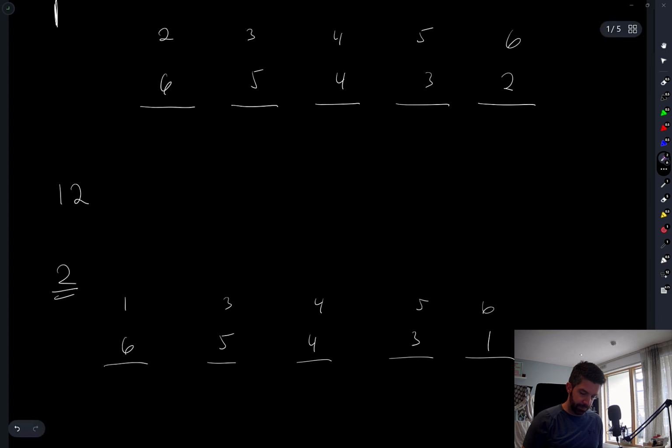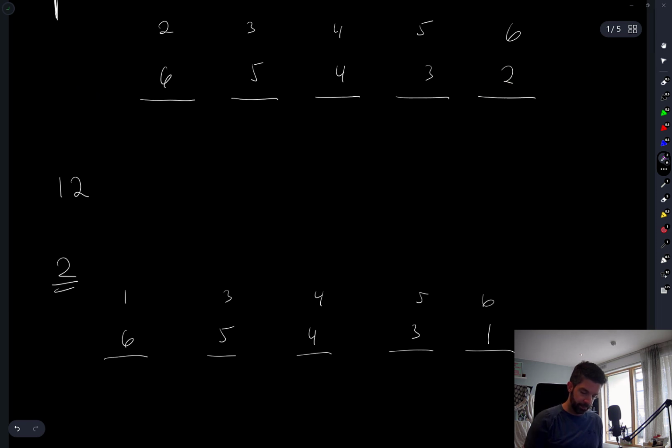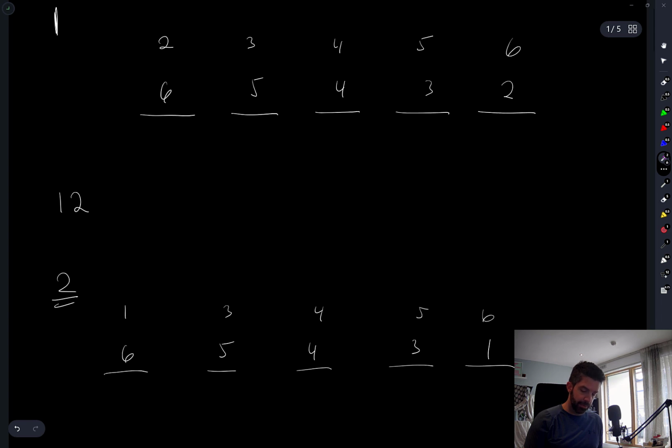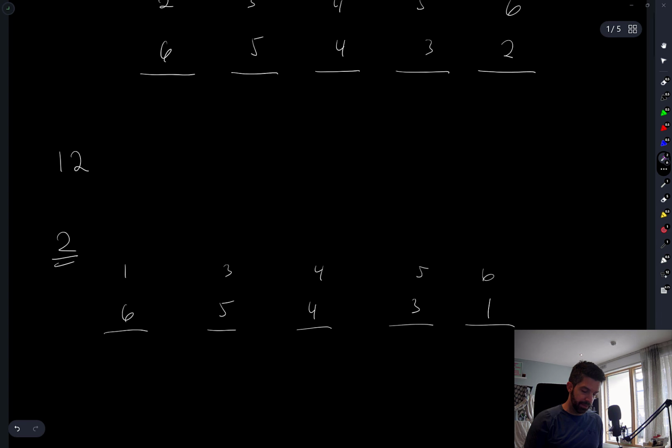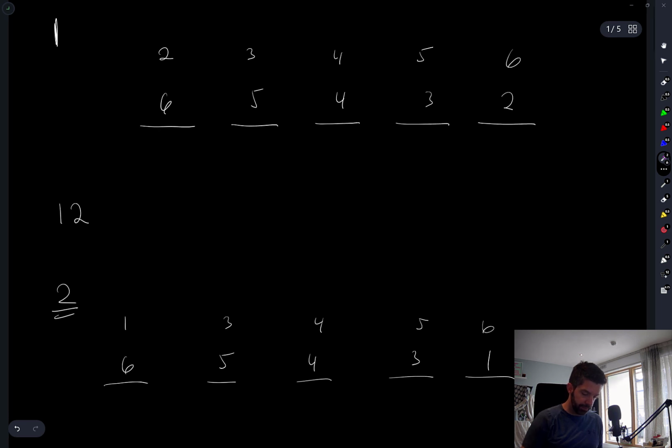And that's the same as if I put the number 2 here, that double counts this arrangement when the number 1 is put there. Are there any other double counts going on? I don't think so.